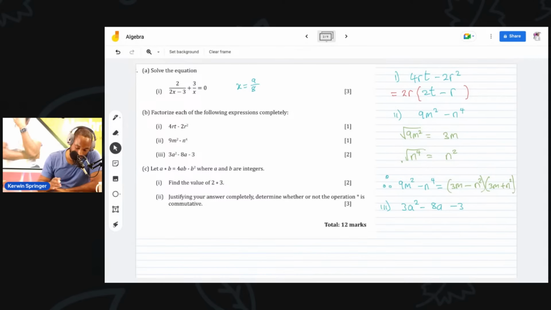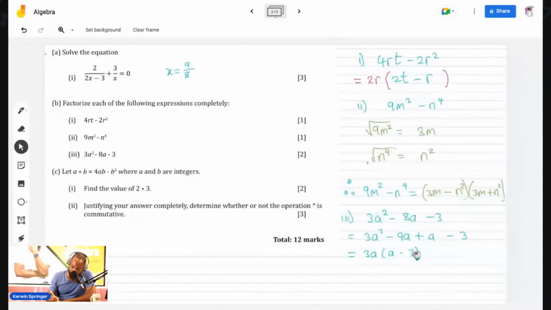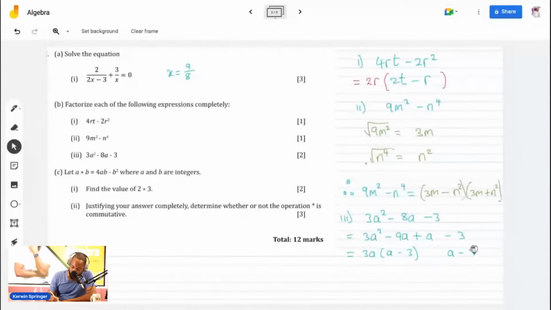Seen it? It takes a lot of skill initially to get the hang of quadratics, and then when you have it, you're unstoppable. So that's the intermediate line there, and then you factorize 3a. I don't want to take my time and explain this quadratic thing. If you're struggling with quadratics, please watch my videos on quadratics.